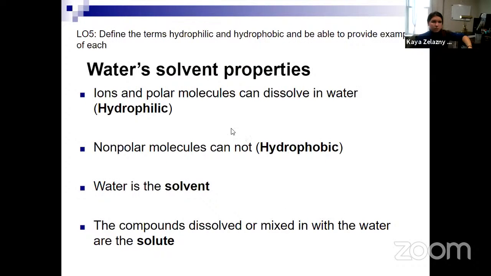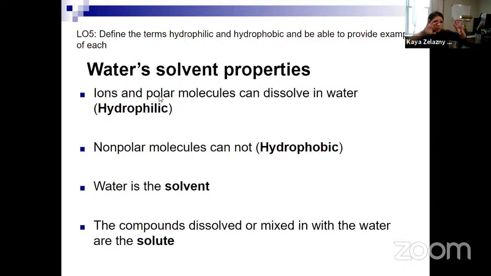Okay, so water has solvent properties because ions dissolve in water. Polar molecules also dissolve in water. So a polar molecule is one that includes polar covalent bonds. And when we say it dissolves in water, we don't mean that those covalent bonds break. What we mean is that those pieces of our polar molecule that have slight charges are attracted to pieces of the water.